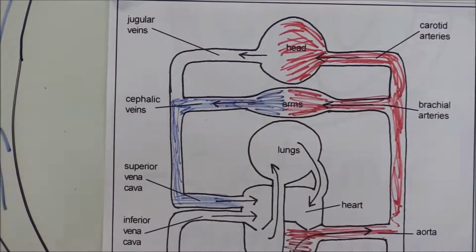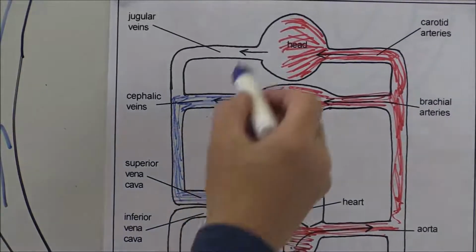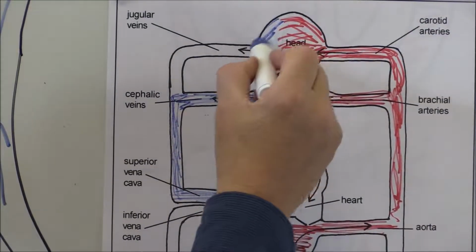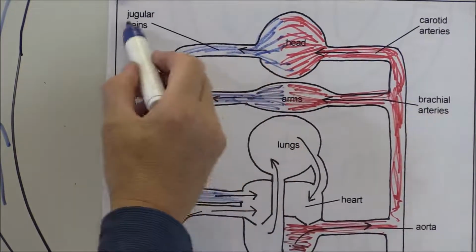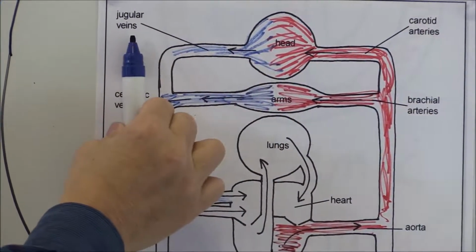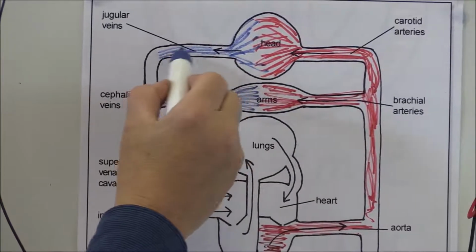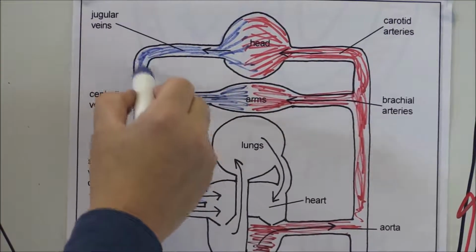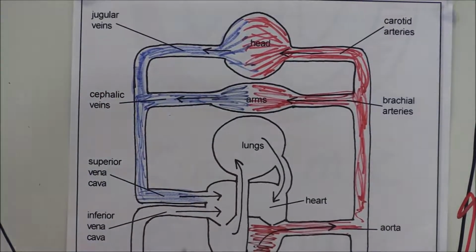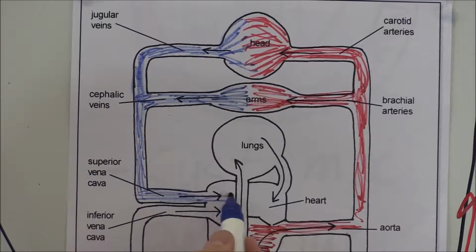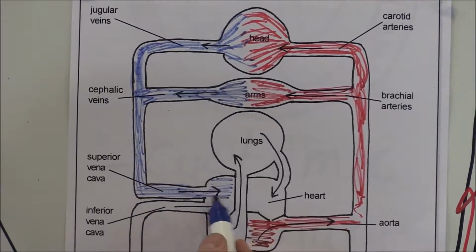Again, as that goes through the tissues, it's going to become somewhat deoxygenated. It's going to become darker red. Two of the large veins in the neck are called the jugular veins. They're going to bring the blood back down to the superior vena cava, back to the right atrium.